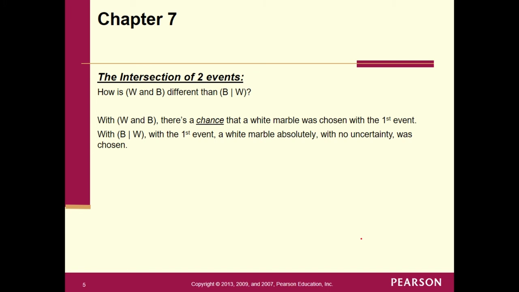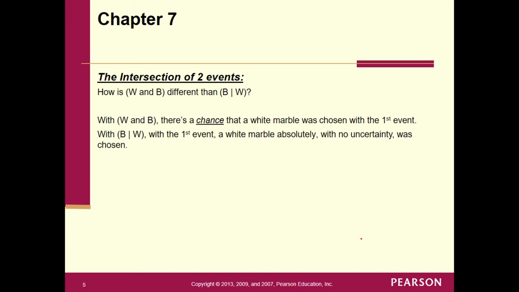With B given W, with the first event, a white marble absolutely, with no uncertainty, was chosen. That's the difference between the two. With the conditional, we know that a white one was chosen with the first event.